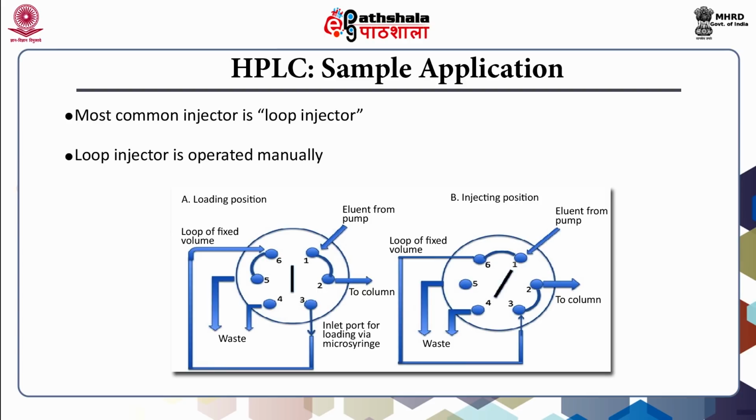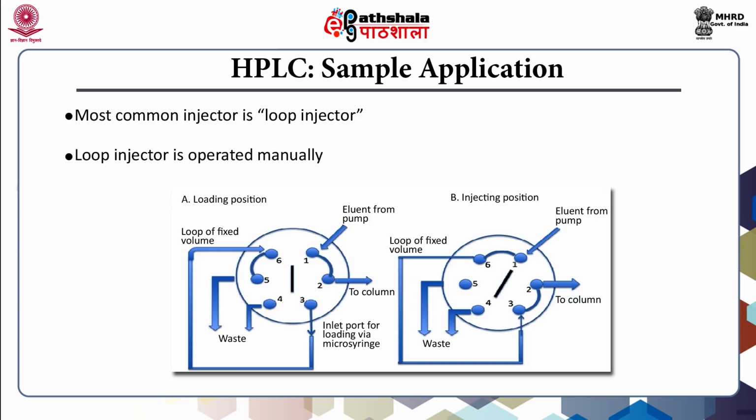Let us observe the connections of tubings in the loading position. In this case you can see there are numbers 1, 2, 3, 4, 5, 6. There are 6 ports, and there is a connection between the first port and the second port. The eluent is coming from the pump to the first port, and through tubing it is connected to the second port, through which it is going to the column.